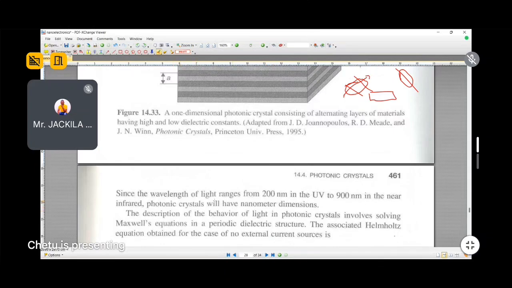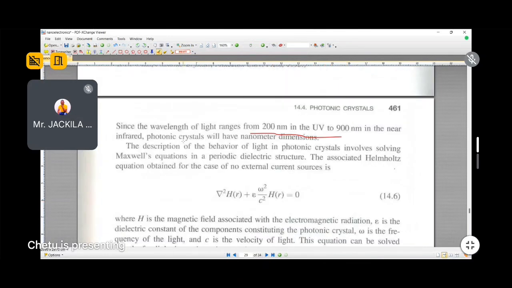When the wavelength of light ranges from 200 nanometers in the UV to 900 nanometers, and photonic crystals are developed with around 500 nanometers, only a particular wavelength will be selected and it will be diffracted.